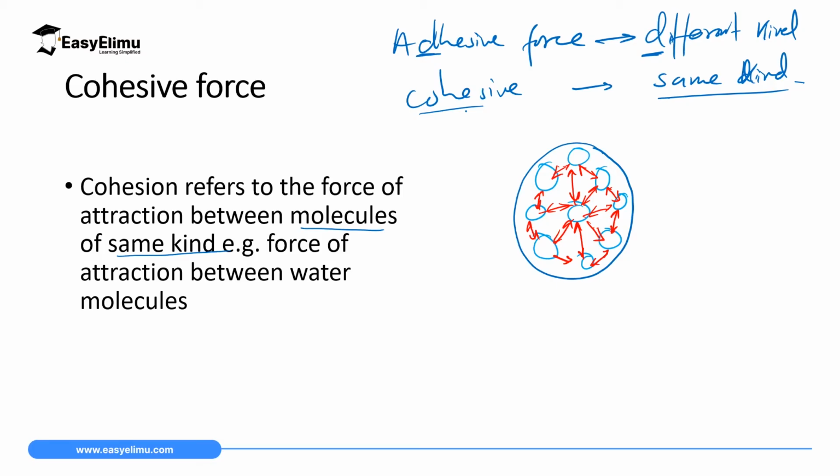So in that case, we call it cohesive force, and then you should differentiate it from adhesive force, because adhesive force is force of attraction between molecules of different kind. Like in this case, if you have paint and a wall, that is adhesive force, because paint has different molecules, a wall has different molecules. But cohesive is molecules of the same kind, like water and water.